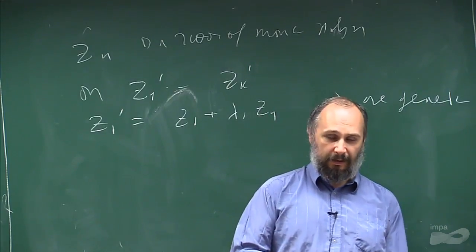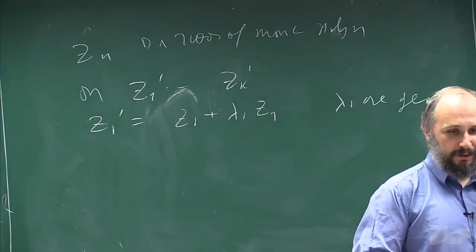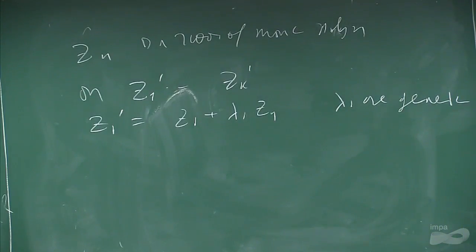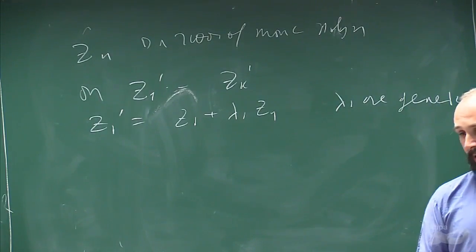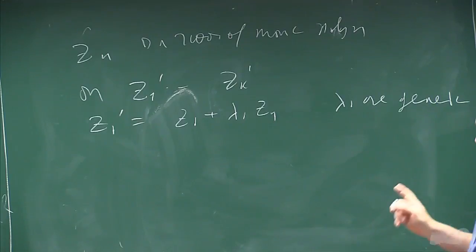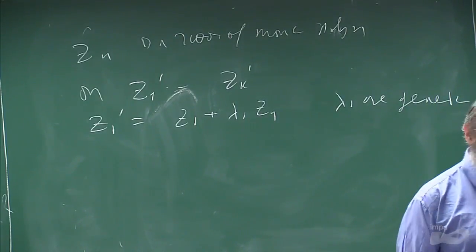Generic in the sense that I pick sufficiently generic ones, which means that I pick them outside of some union of subvarieties. In fact, it's outside of a certain subvariety. In this sense, generic.